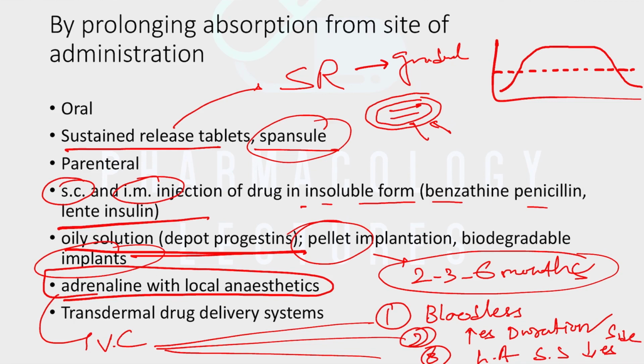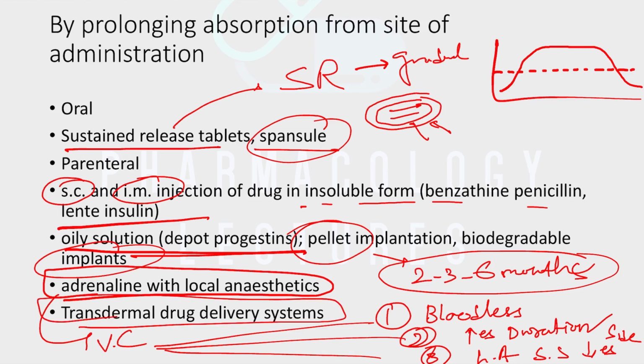So there is less exposure of the local anesthetic to the systemic circulation and decreased side effects. So it increases the bloodless field, increases the duration because of vasoconstriction, so less drug gets eliminated and eventually less drug gets exposed to the systemic circulation.